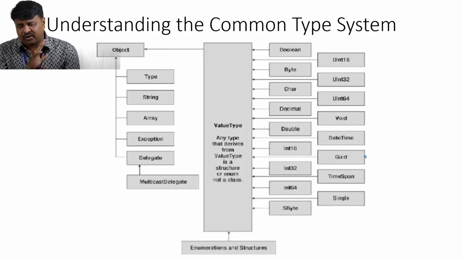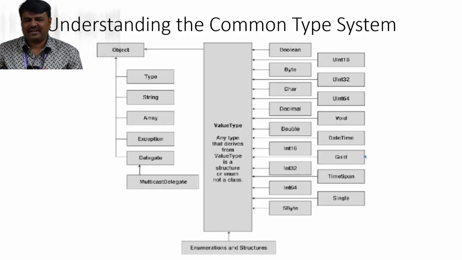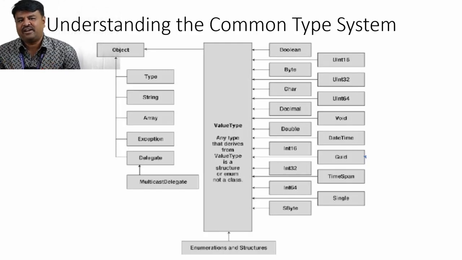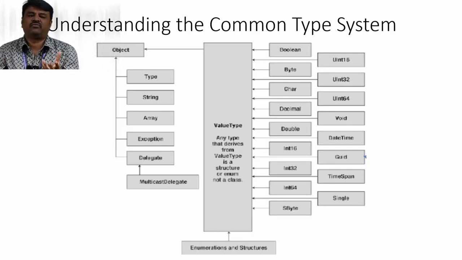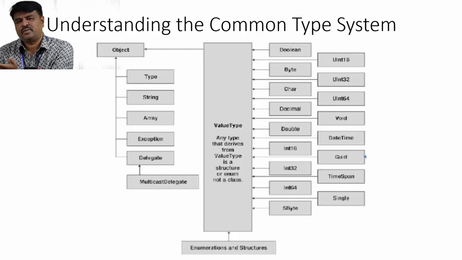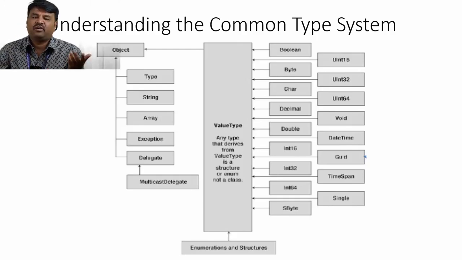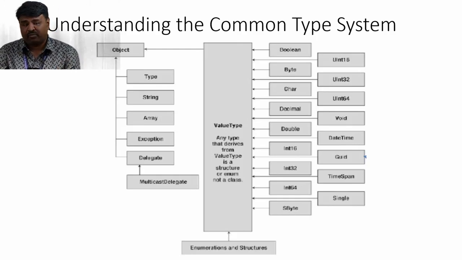Understood? By seeing the words you might think boxing and unboxing means a fight, but it is not a fight, it is a conversion method. Any value type data you can convert into a reference type, and reference type data you can convert back into a value type. That is the main logic of boxing and unboxing.